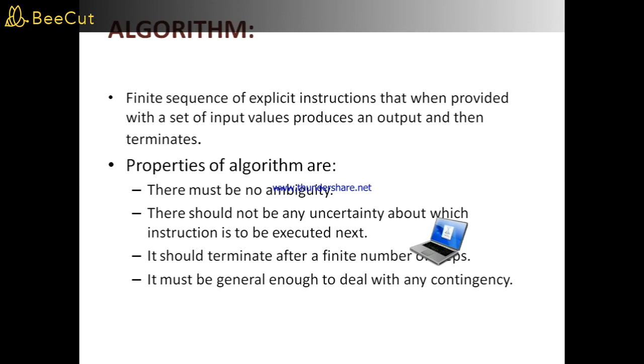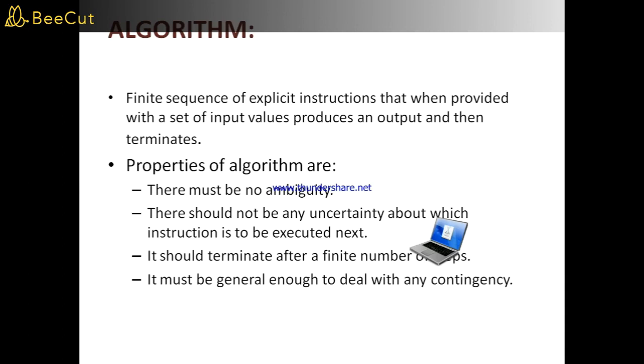In simple terms, an algorithm is defined as a finite number of steps. In order to give a solution to any kind of problem, there must be some steps. So it has to be solved with a finite number of steps.